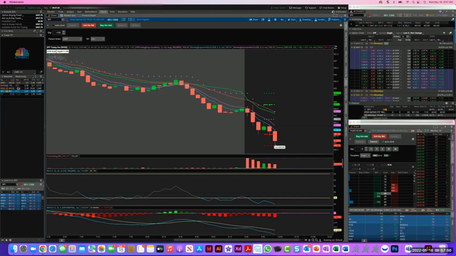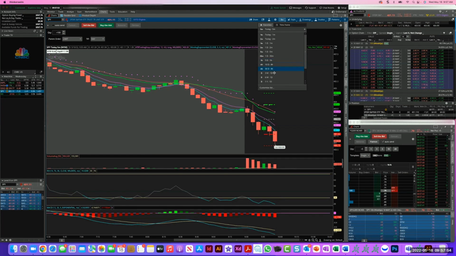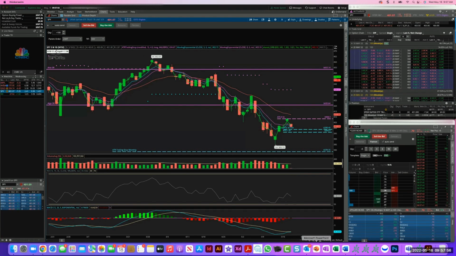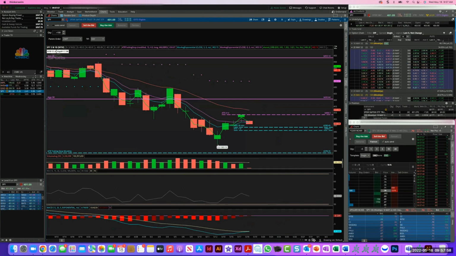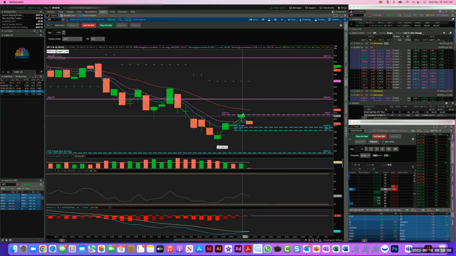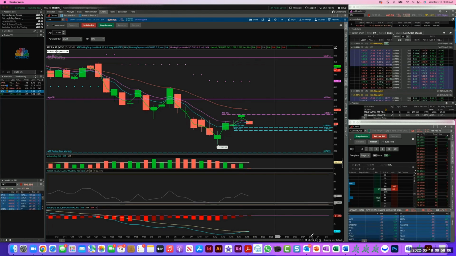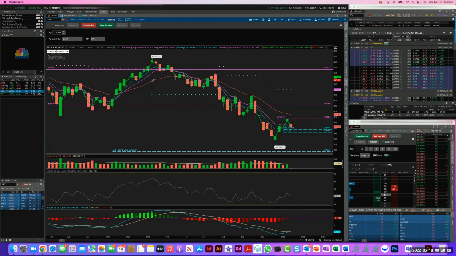Looking at SPY on a daily chart, this looks like it could be a hanging man, but I believe it's a hammer because it's at the bottom of a longer move here. So I think this is, again, signaling still some movement to the upside.